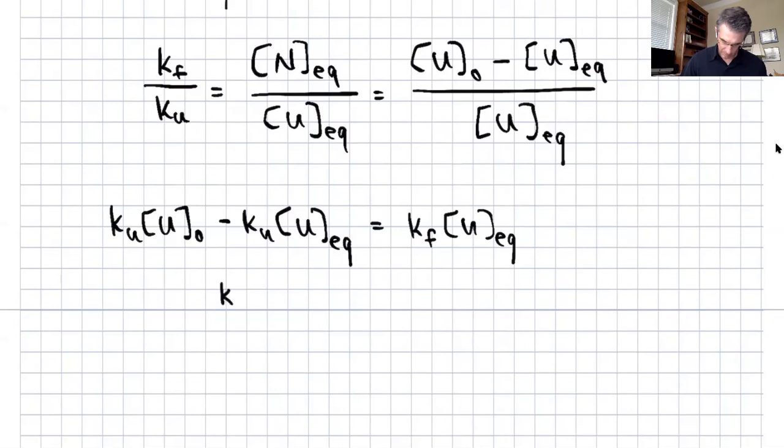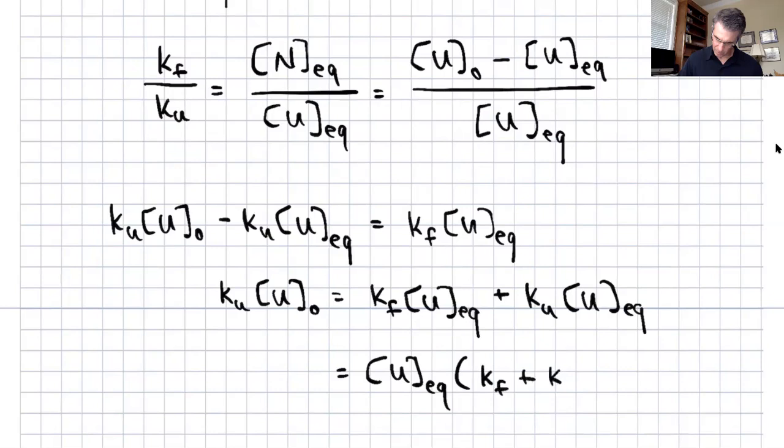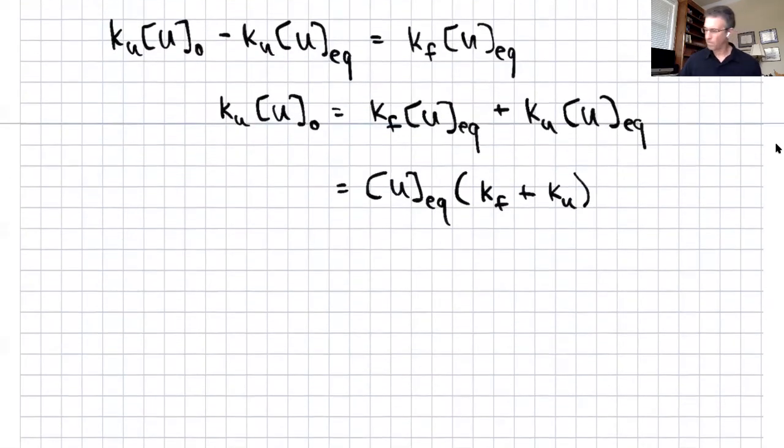That means Ku times the concentration of U at time 0 is just going to be equal to Kf times the concentration of U at equilibrium, plus Ku times the concentration of U at equilibrium. I can group a little here: the concentration of U at equilibrium times Kf plus Ku, right?